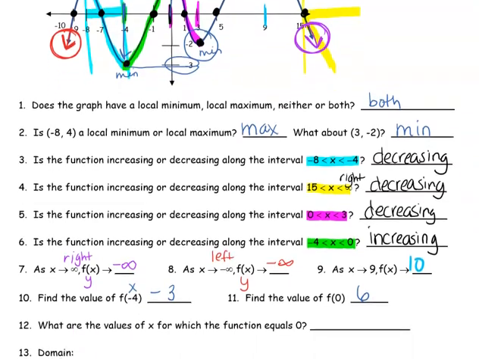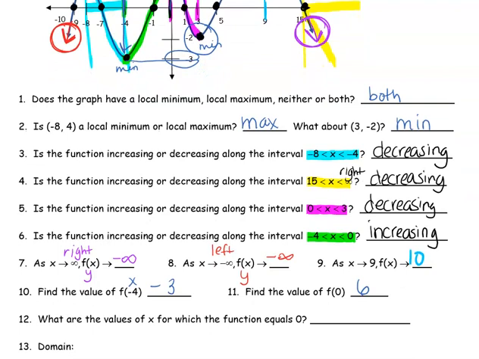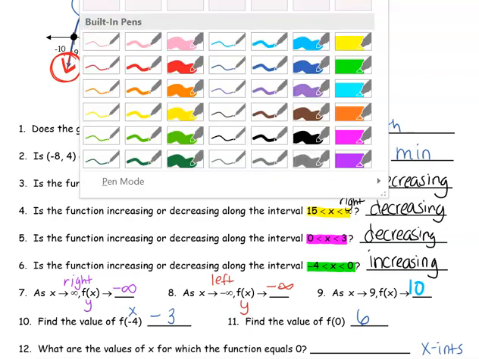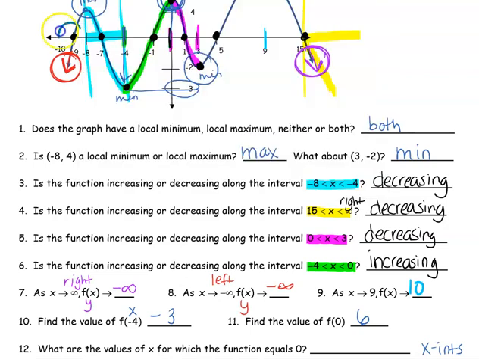What are the values of x for which the function equals 0? Well, it equals 0. This is just a really fancy way of finding all of those x-intercepts. So if I look up here, let's find, we have 1, 2, 3, 4, 5, 6 different places where my function is equal to 0.